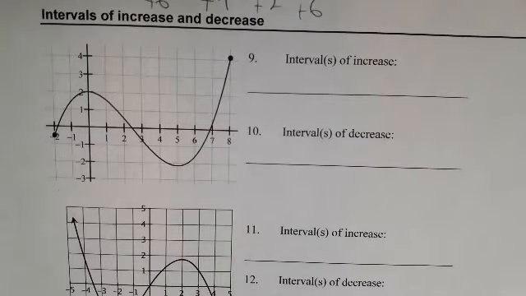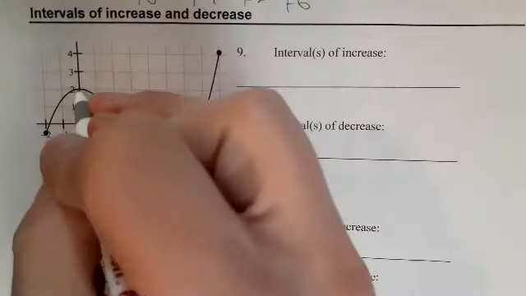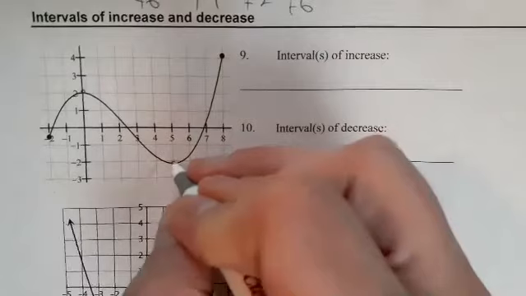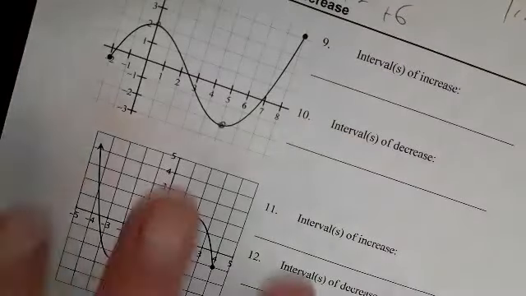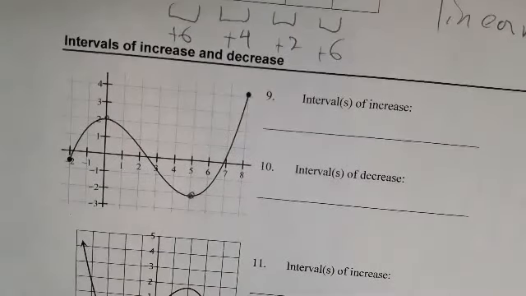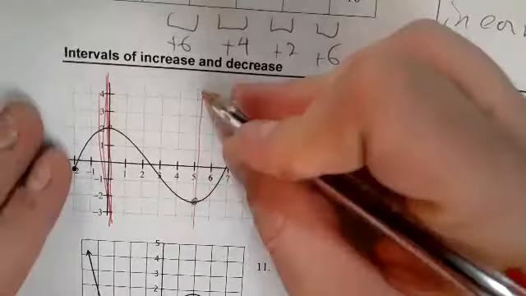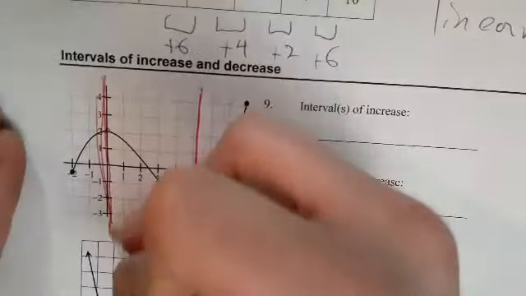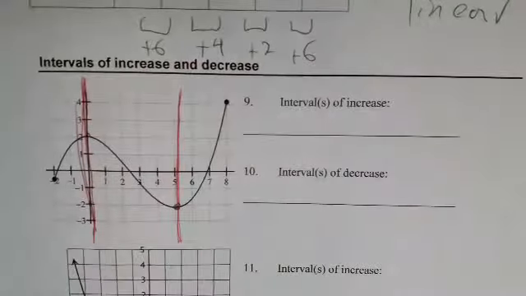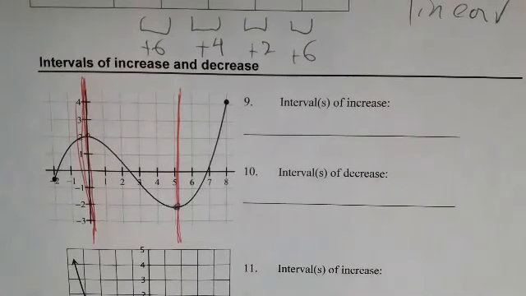So there are these turning points happening in here, I believe right there and right there. If you want to mark off those points, this is where we're dividing our interval, from where it goes up to where it goes down, those turning points.